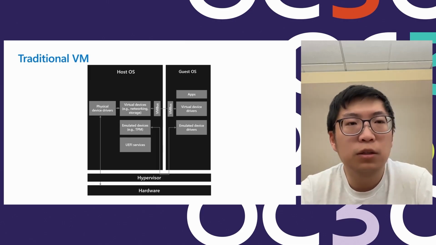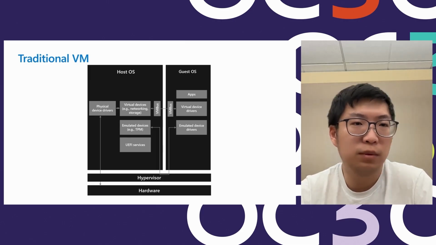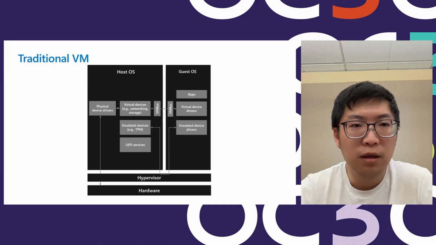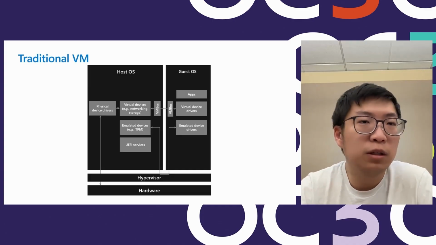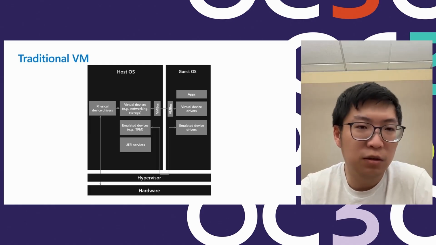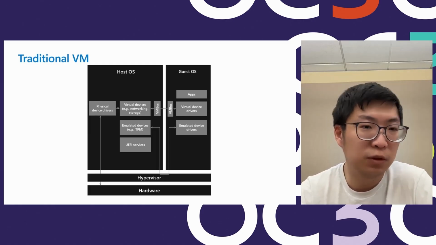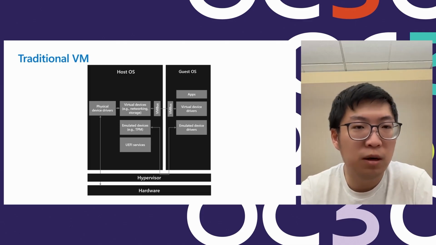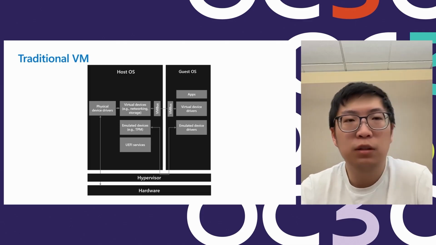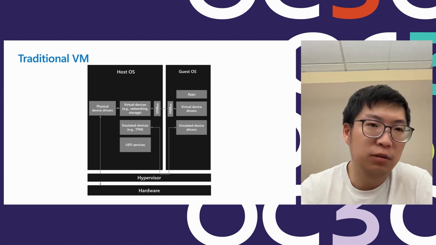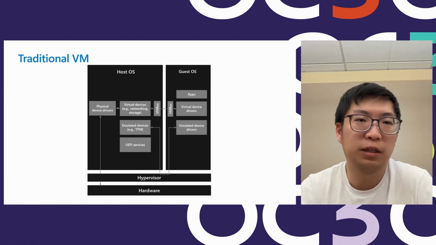So here's a picture of a traditional VM. We have the guest OS and the host OS. Here you can see all the different components in a guest OS and host OS, and we have a hypervisor that manages these two different virtual machines running on top of hardware. But crucially, because it's not a confidential VM, there's no protection against the host introspecting guest state.